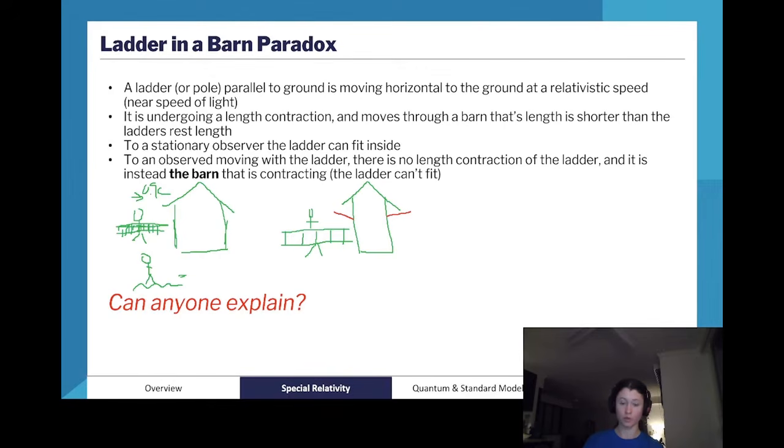So the doors opening and closing are not simultaneous. The door closest to them is opening first, and then the door furthest from them is opening second, and then this door is closing again behind them, and then this door is closing behind them. So the doors opening and closing are not simultaneous events, even though they are in the frame of the person watching.